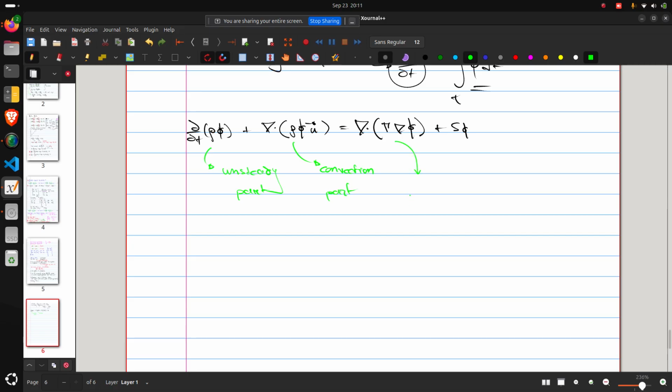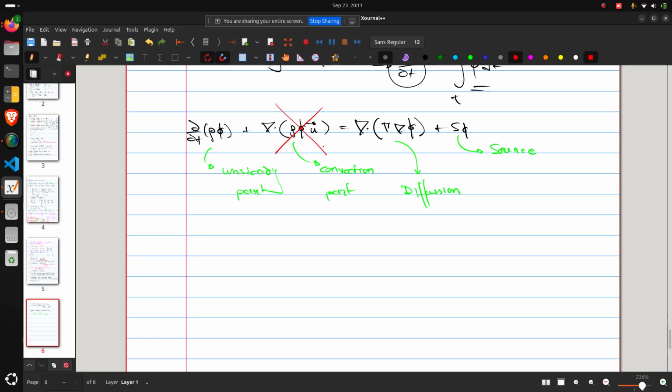This is accounting for the diffusion, and this is the source, right. Initially we had completely neglected the convective part.